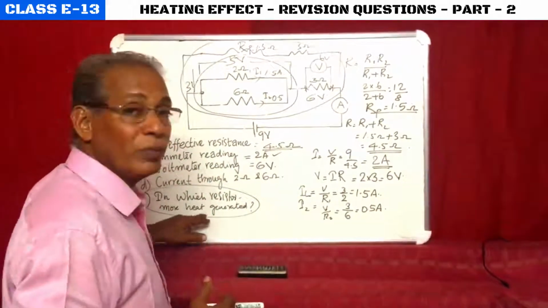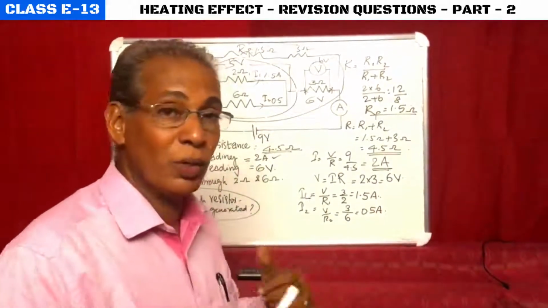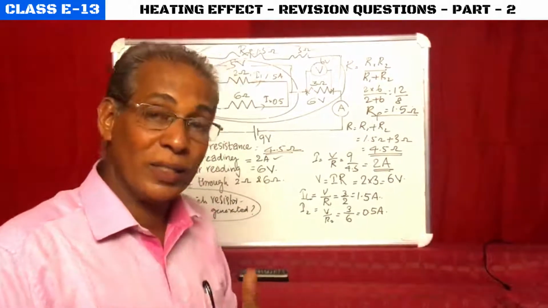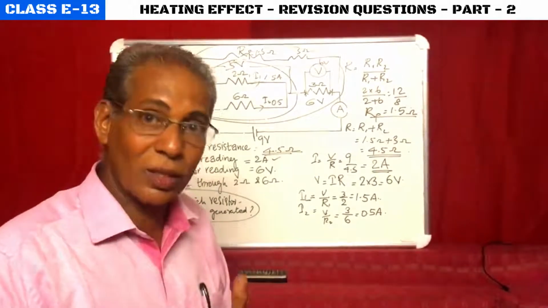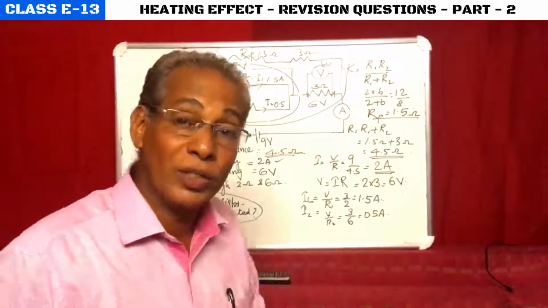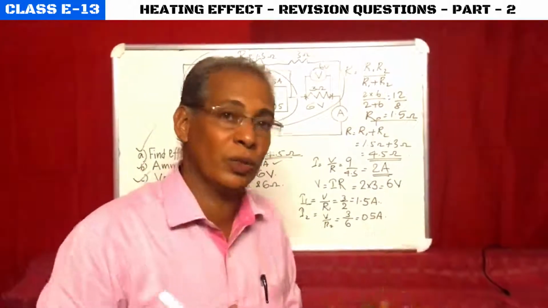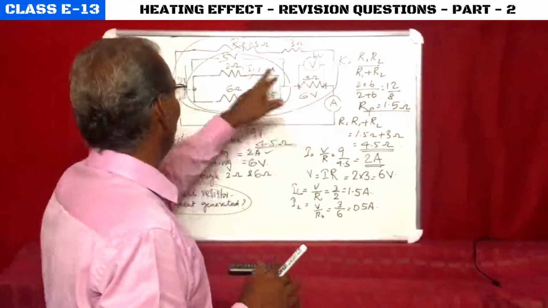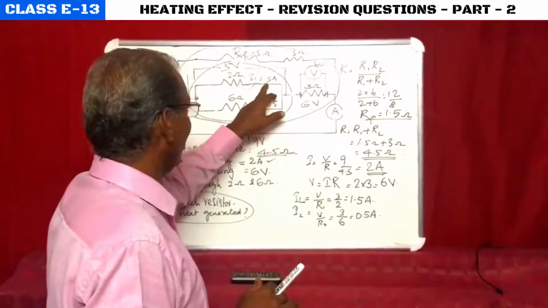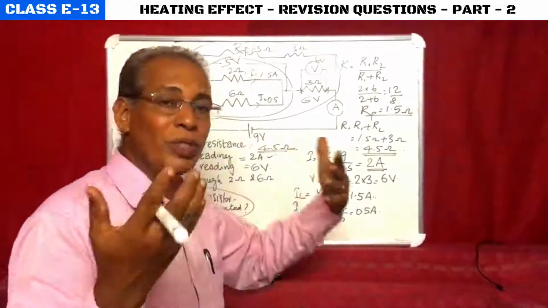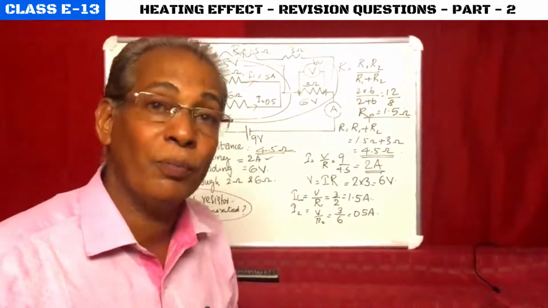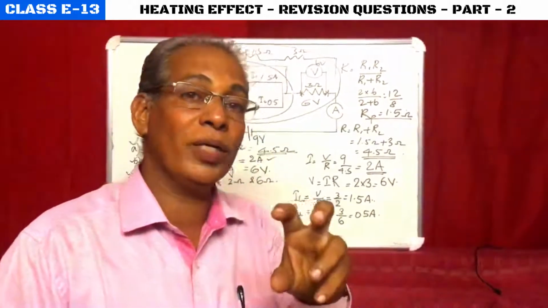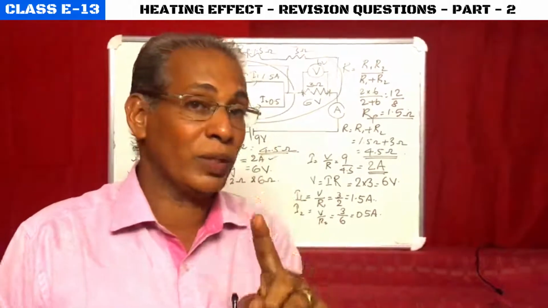Heat generated, we have studied Joule's law, depends on many factors. Current is there, resistance is there, voltage is there. There are many equations connected to all this. You can use any, because we have the voltage here, current here, resistance here. So which one is easier for you? You can substitute and calculate all the values and see which one is greater.